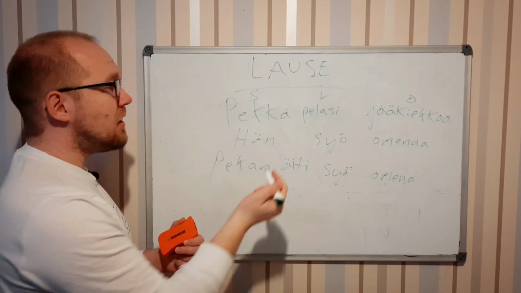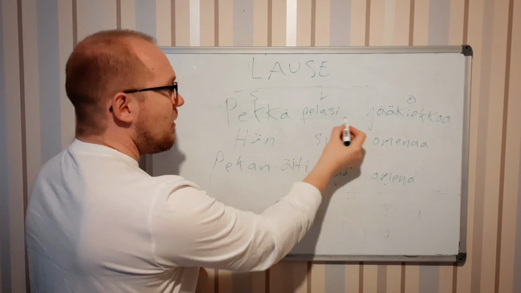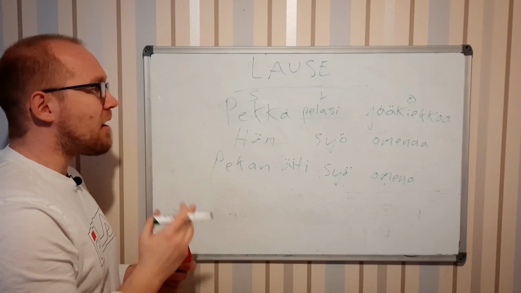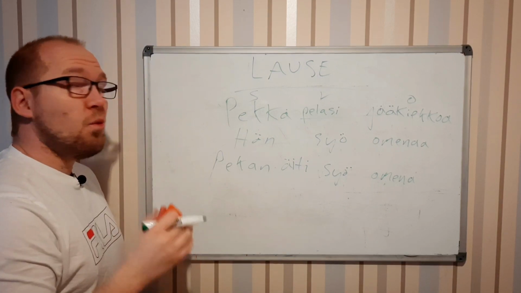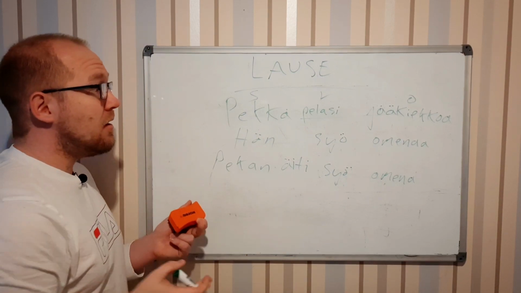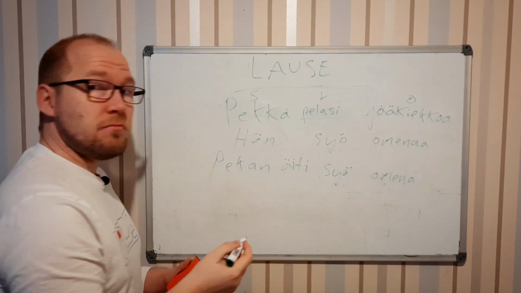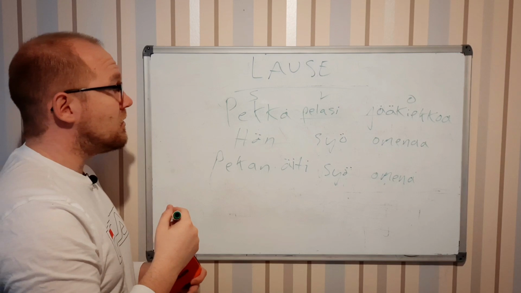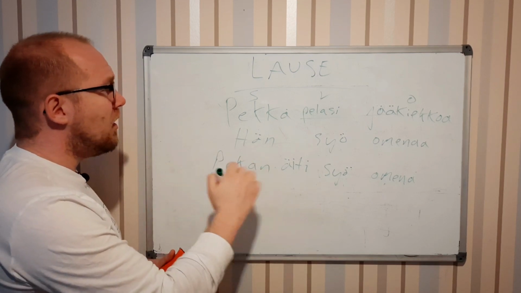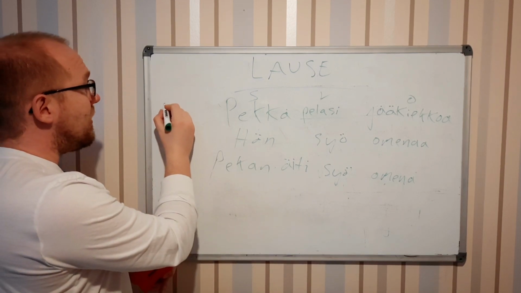It happened. It's imperfect. Pelasi. Okay, Pekka pelasi jääkiekkoa. When did that happen? Because it's ended. So Pekka pelasi jääkiekkoa eilen. Okay, here, eilen.